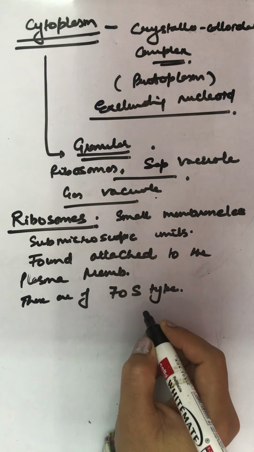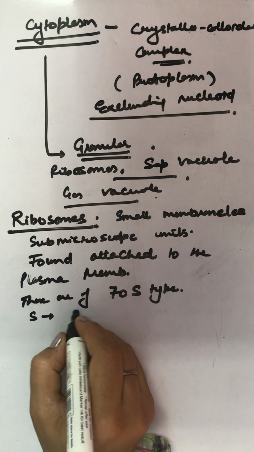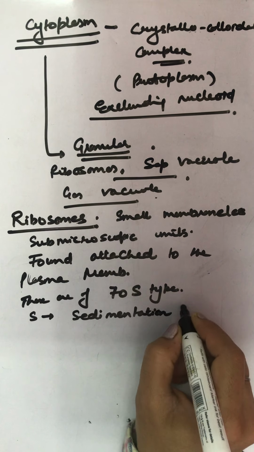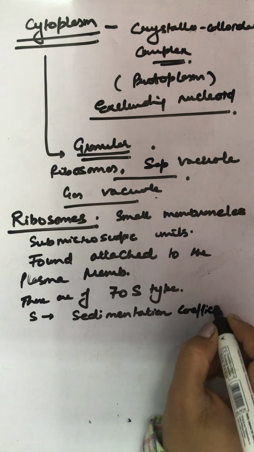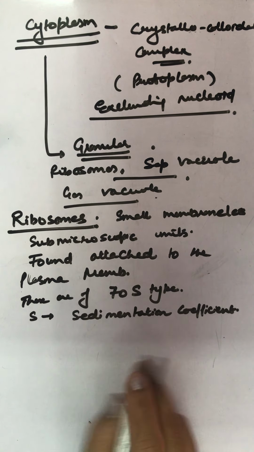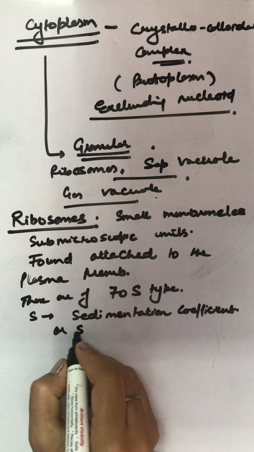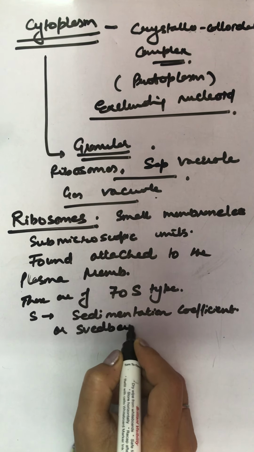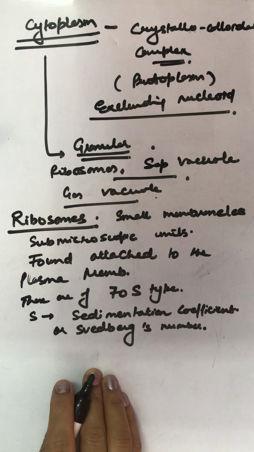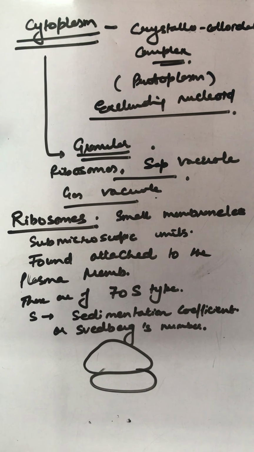What is the 70S type? S denotes the sedimentation coefficient, or Svedberg's number. Each ribosome has two subunits, a bigger one and a smaller one.